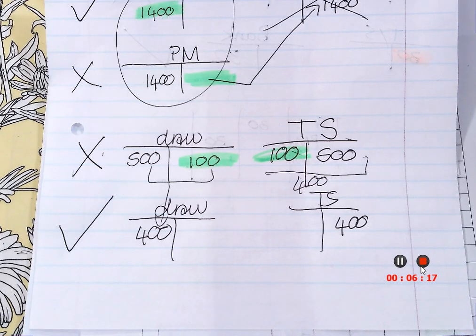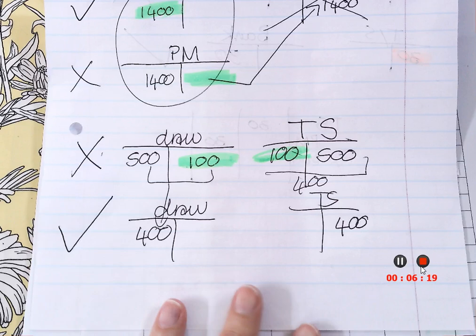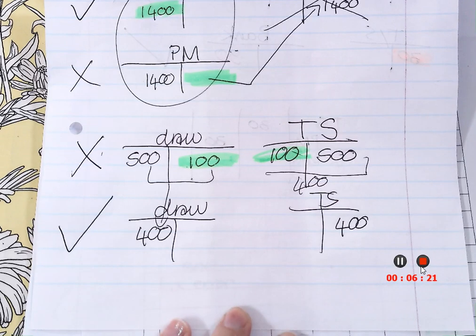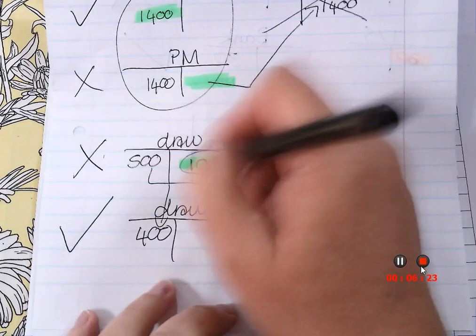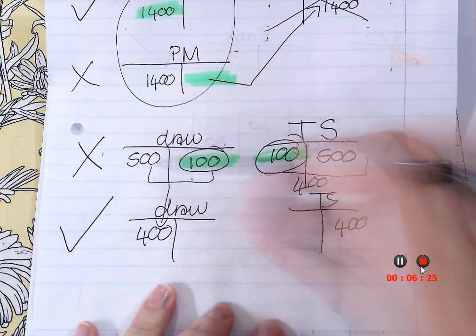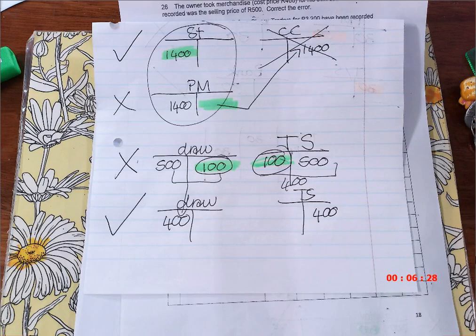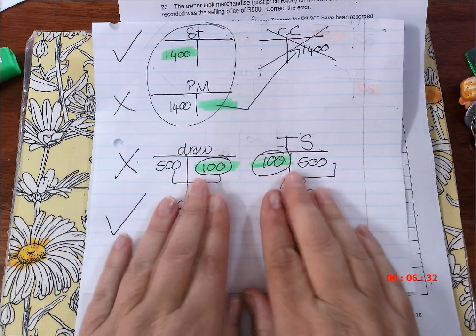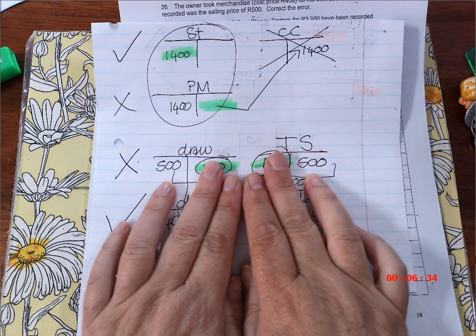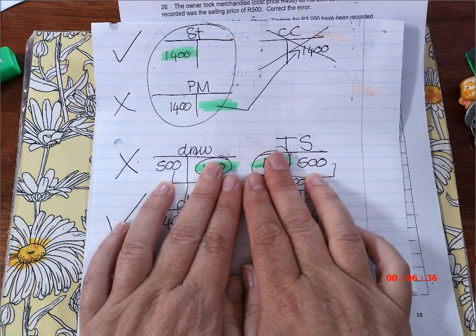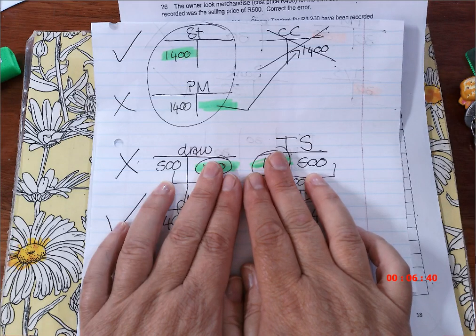Okay, talk to me. Why is it 100? Because I'm fixing. My mistake is that 100. So, listen to me. The sides, can you see if this wrong one? The sides is right. I wrote drawings, I debit drawings, I credit trading stock. There's nothing wrong with the sides. You see? What is wrong? Let me just finish.